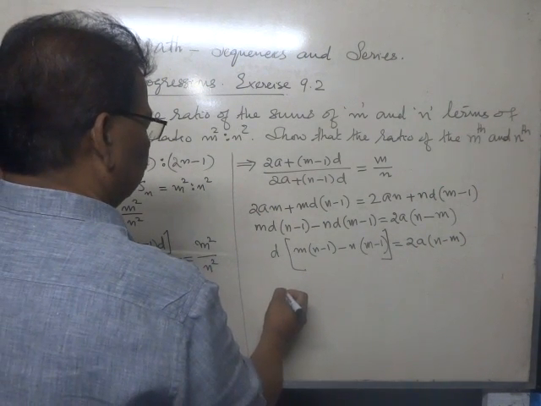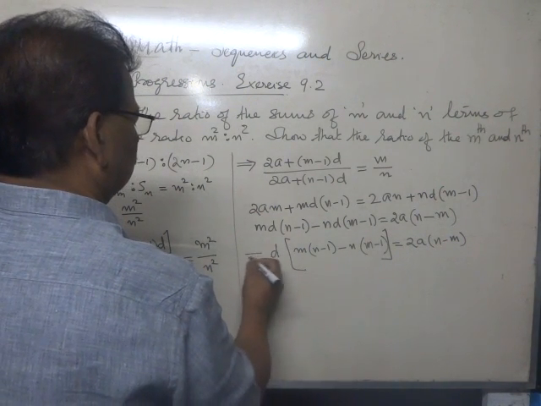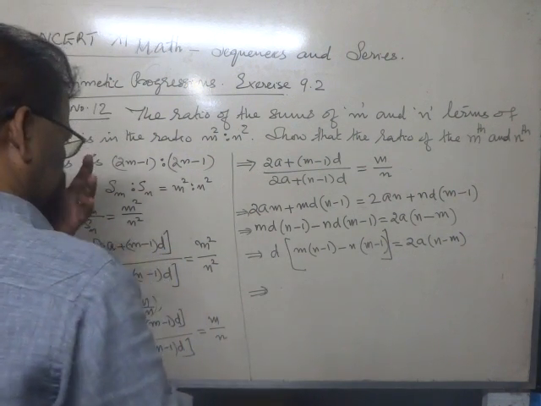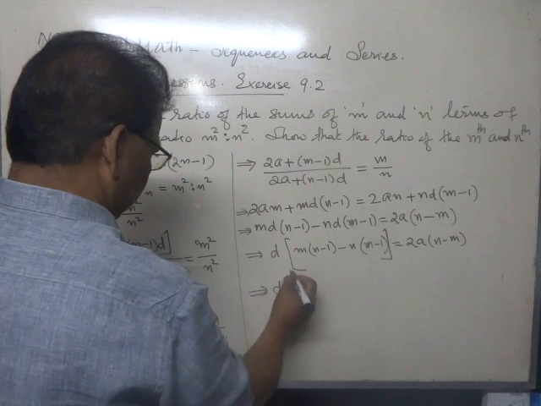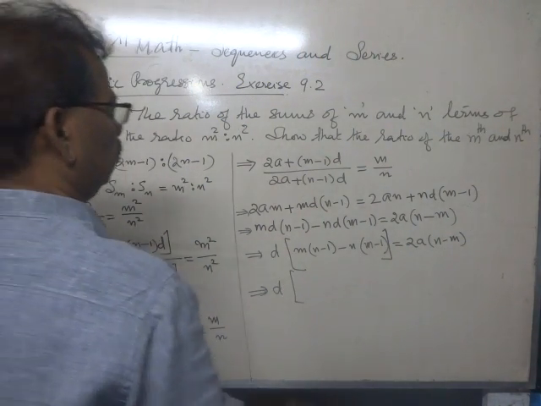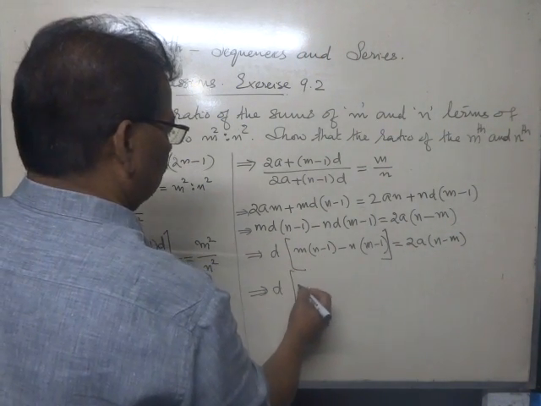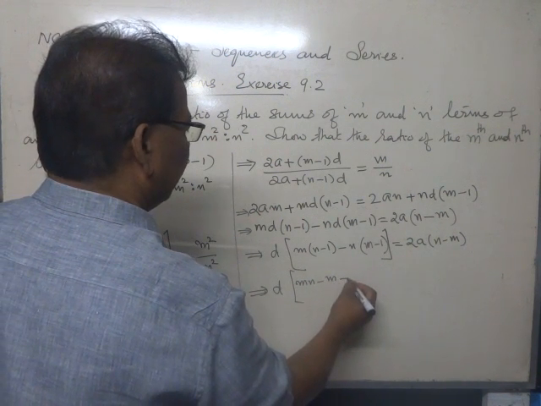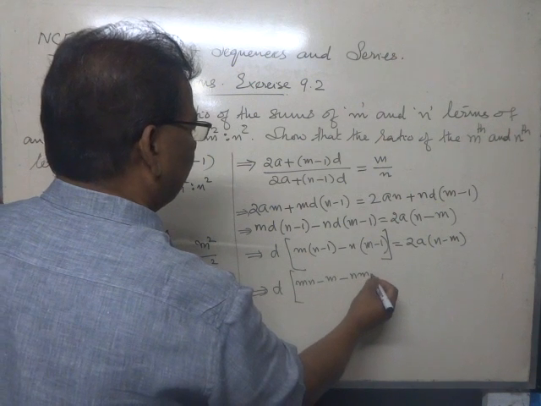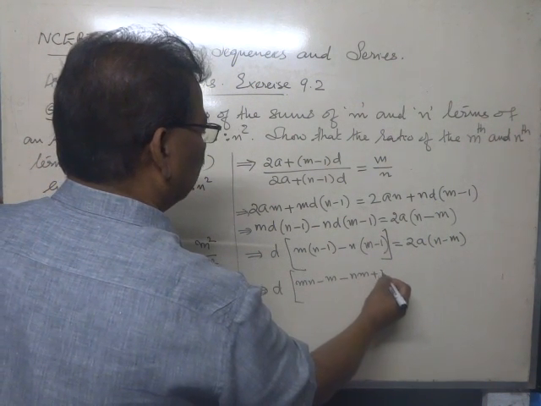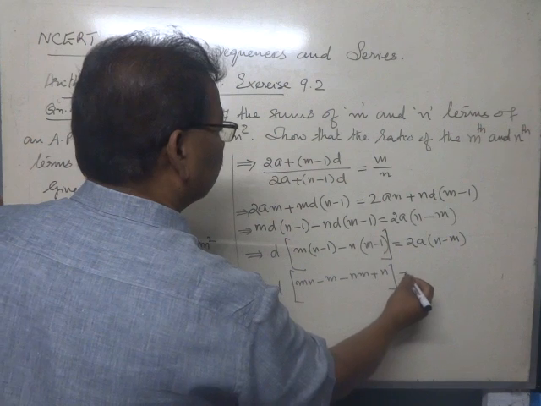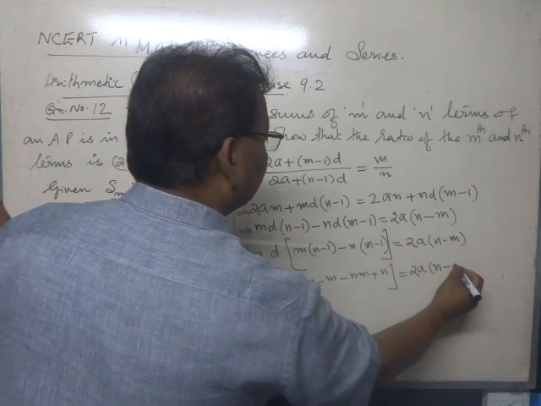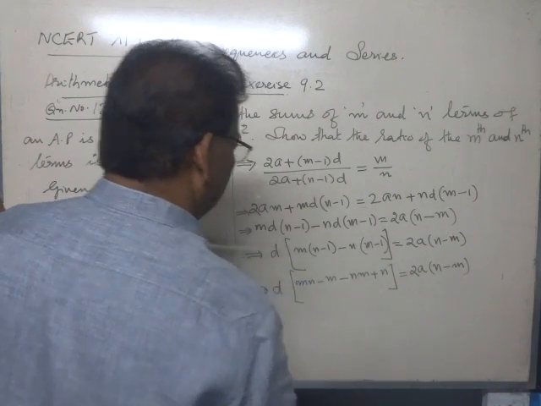Now that is equal to d into mn minus m minus nm plus n is equal to 2a into n minus m.